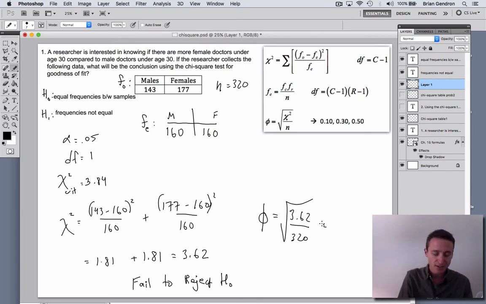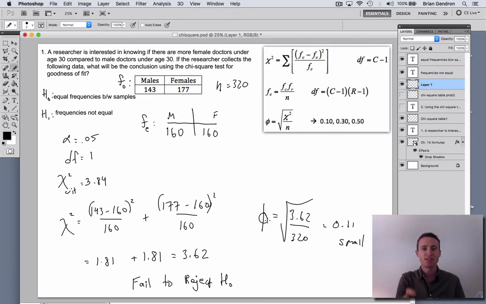And that gives us a phi value of 0.11. And the small interpretation value is 0.1, which that is very close to, so you can call that a small effect. But it wasn't even statistically significant, so you could probably argue that you didn't even need to calculate this, but for practice, why not go ahead and do that?